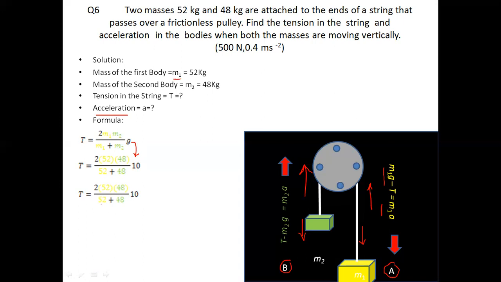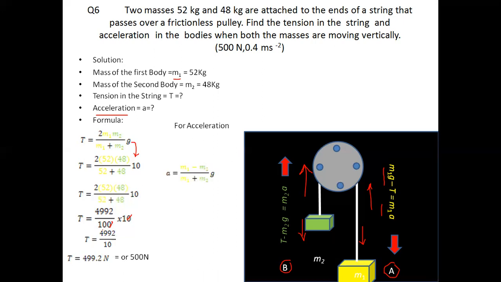Just by multiplying these two values, we get the value of 100. So we'll put in 100, and this 10 cancels out with this 10 of the 100. So 4,992 divided by 10, or 499.2. Rounding it off, we get 500 approximately.